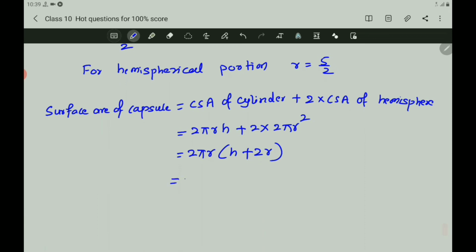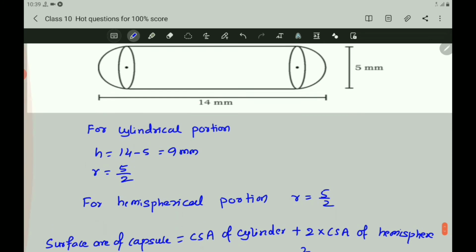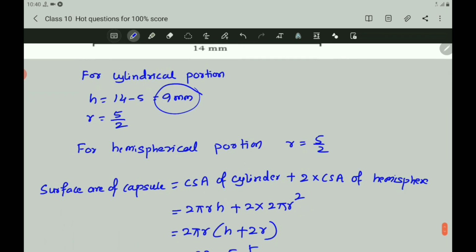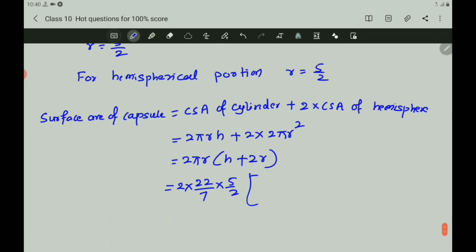Now you substitute 2 into pi value 22 by 7, r is 5 by 2, h is 9 mm. So you write 9 plus 2 into r. 2 into r, here r is 5 by 2.